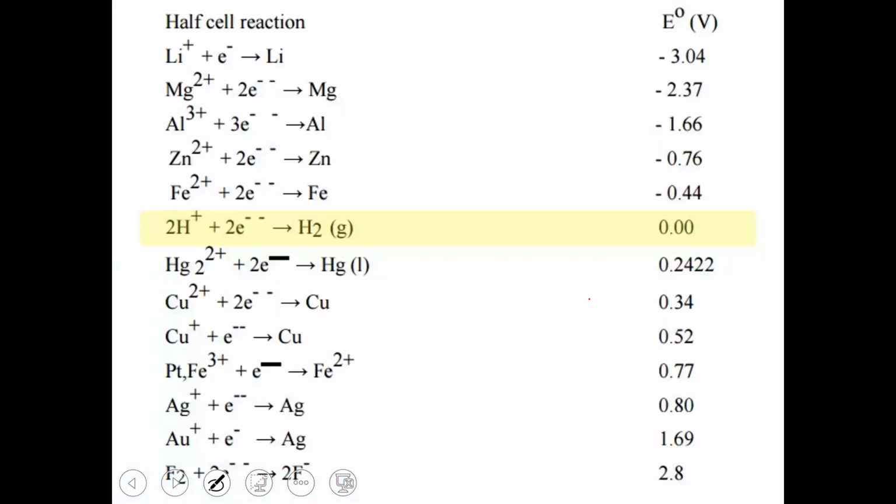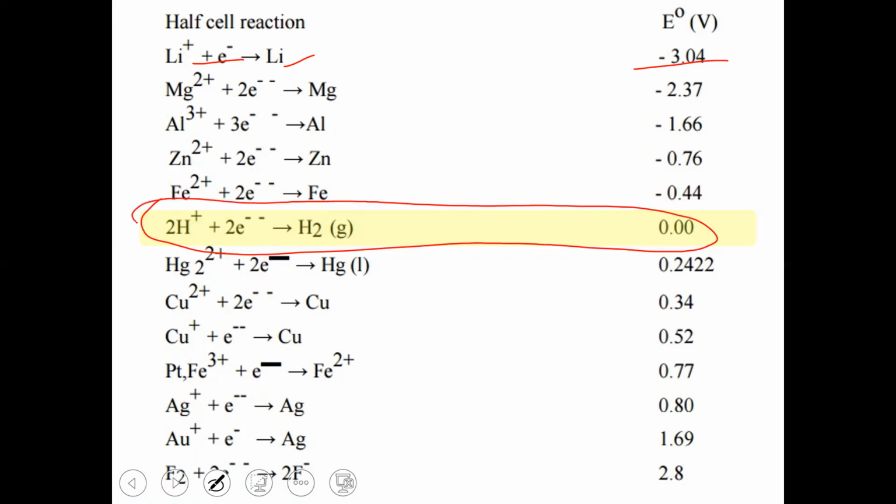See this. These are some of the reactions and their E naught values, that means reduction potentials. Here is lithium: when it gains one electron it converts to lithium, and its E naught value is minus 3.04. Coming to magnesium, it is minus 2.37.